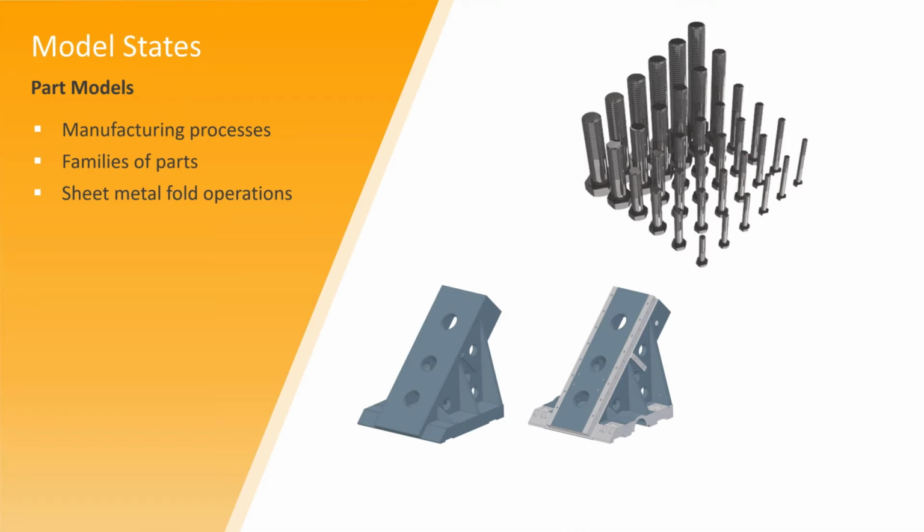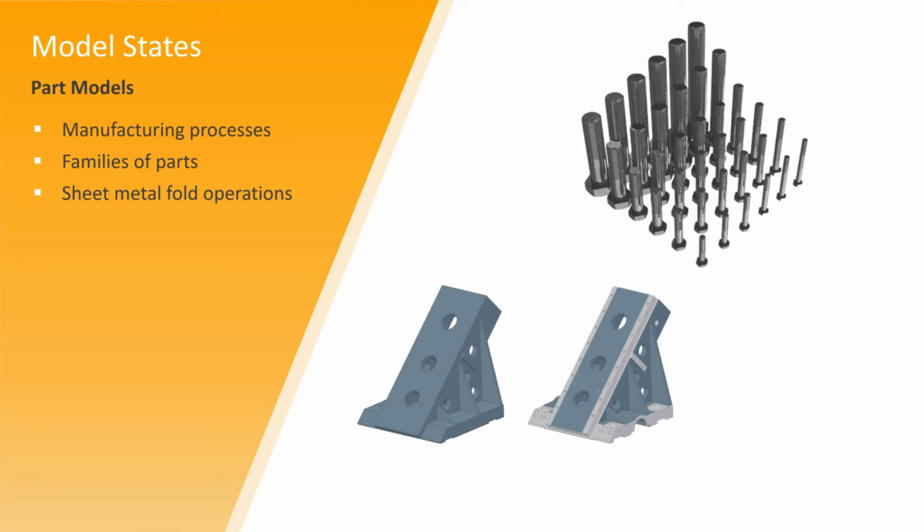Because variations exist in one file, there's no need to worry about breaking associative links. And I'm sure we've all come across challenges with regard to associative links over the years, and that's something that this tool is designed to help resolve.